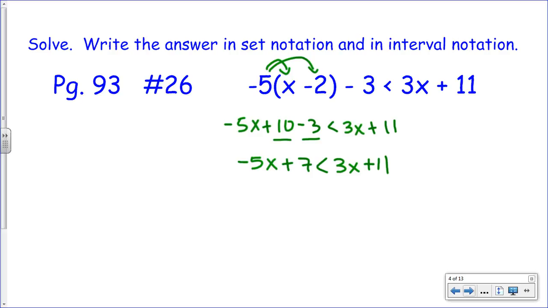With inequalities, put your variable on the left. So I know you can add 5x to the right side, but then you're reading it backwards and your graph might end up being backwards. So just to avoid that, if possible, always move your variables to the left side. So I'm going to subtract 3x.